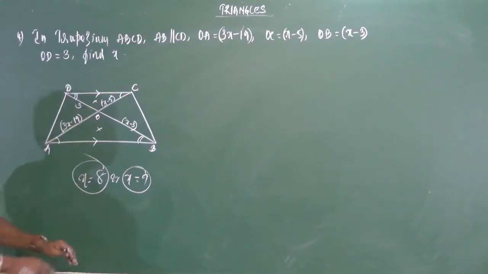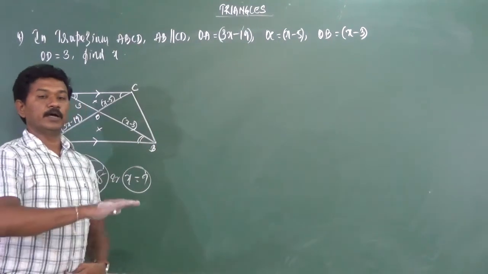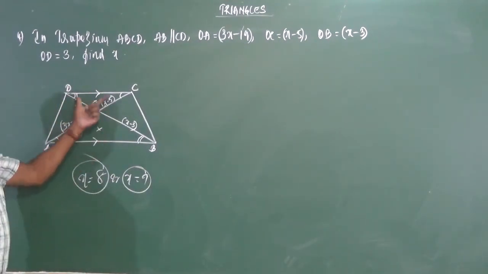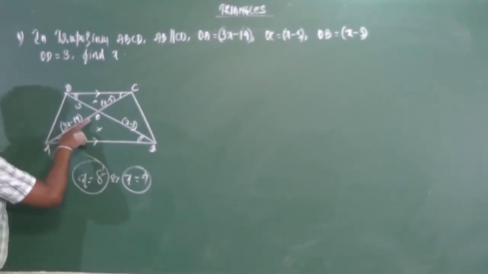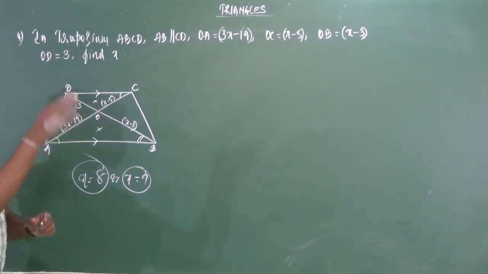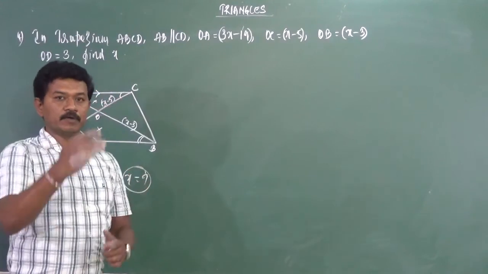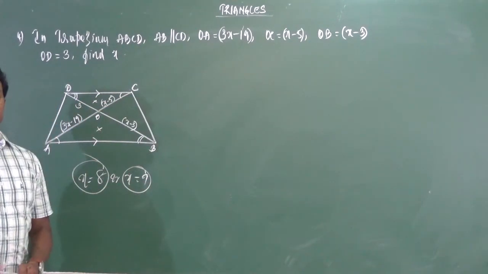Put the values in and go with cross multiplication. Don't use AB by CD, it's of no use, just ignore that ratio. Take the ratio OA by OC is equal to OB by OD, go with cross multiplication and go on solving it. You are going to come across a quadratic equation.